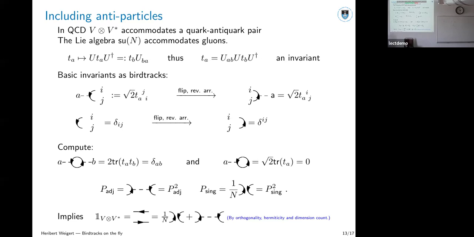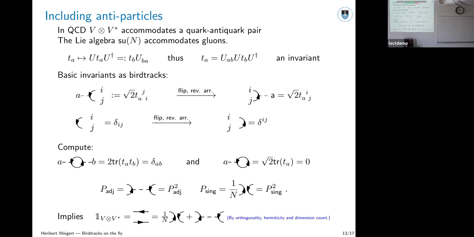So if you calculate the trace of the identity on the tensor product of V and V star, V dual, that has to be n squared. So simply, on dimensional grounds, this is a decomposition of unity: Nc squared minus 1 plus 1 equals Nc squared. Solving this for the guy over here gives you something that has a name.